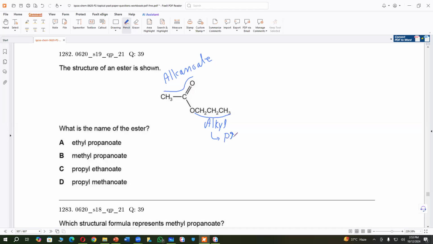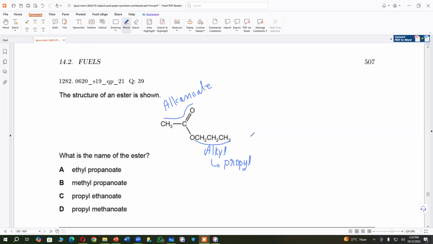So it will be what? Propyl. Alkanoate. There are 2 carbons. So it will be what? Ethanoate. Yes, it will be ethanoate. Overall, its name will be propyl ethanoate.